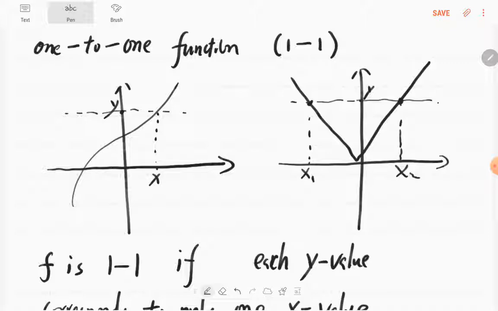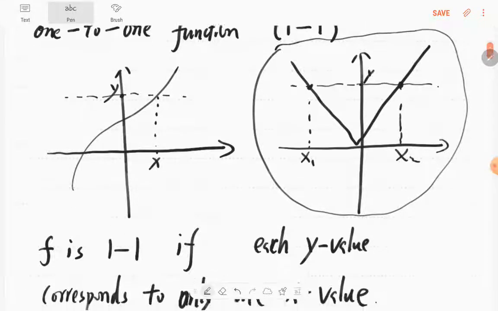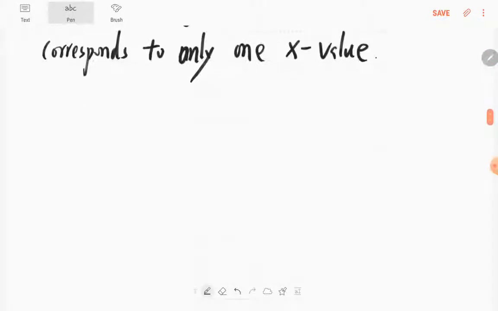If a horizontal line intersects the graph at more than 1 point, for example 2 points or 3 points, then that function is not one-to-one. This is called the horizontal line test.